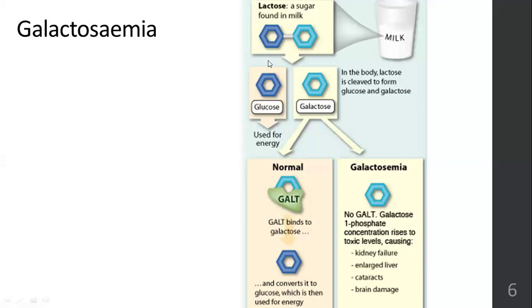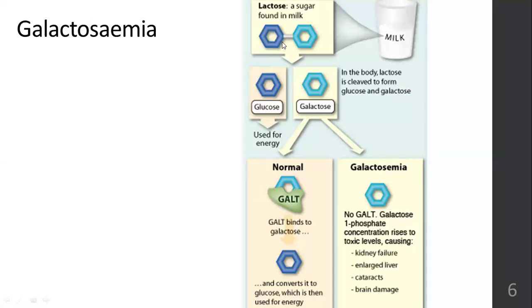So lactose is that sweetness that you find in milk. Lactose is broken down into glucose and galactose. Since lactose is slightly bigger in size, your intestine cannot absorb lactose as it is. Lactose has to be broken down a step further into glucose and galactose. So glucose will be used up for energy.